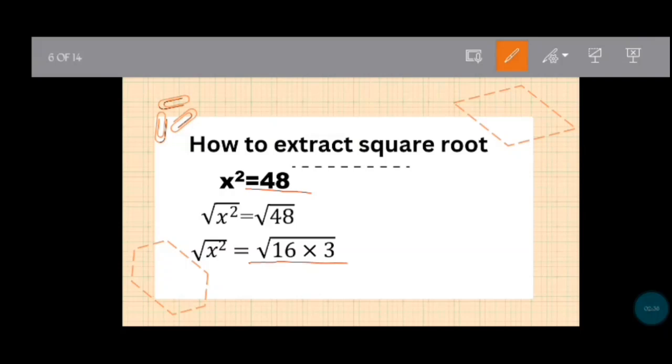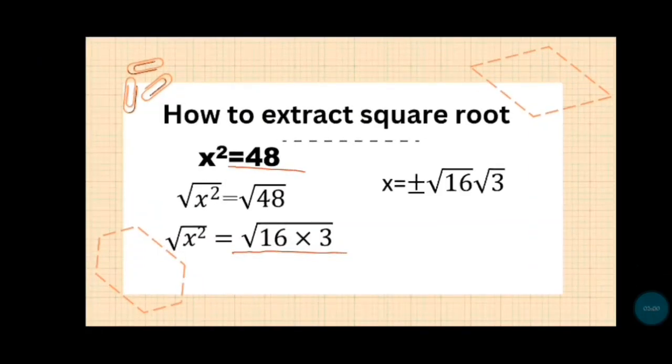Ang pwede nating i-factor na may perfect square is yung 16 times 3. Same kanina sa unang solve natin. Nagkaroon tayo ngayon ng 16 times 3 kasi hindi perfect square yung 48.